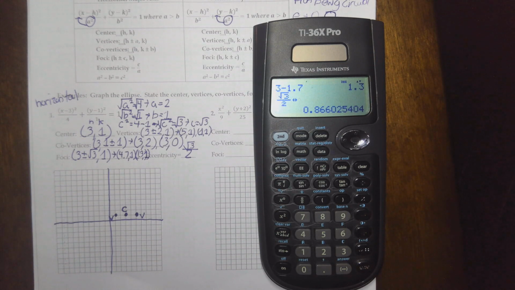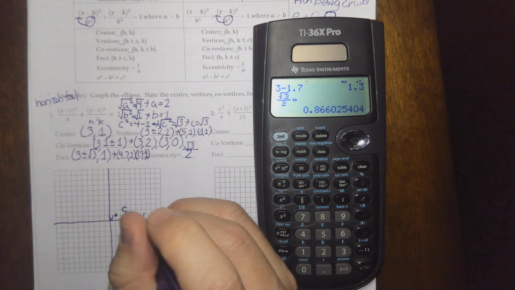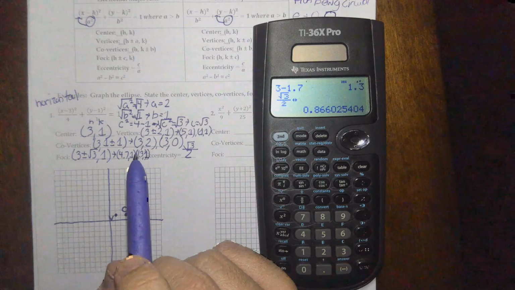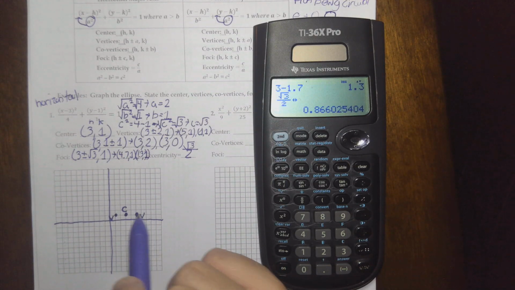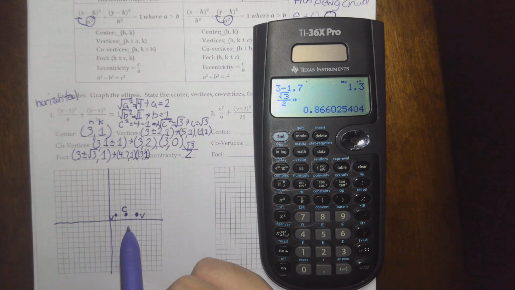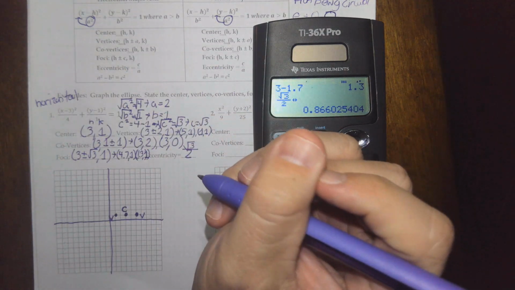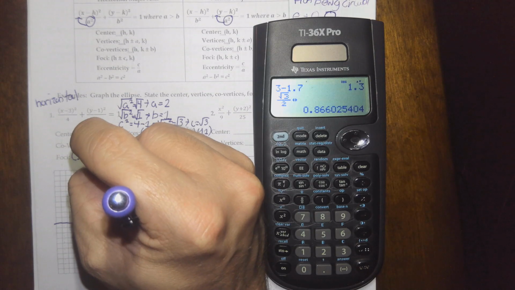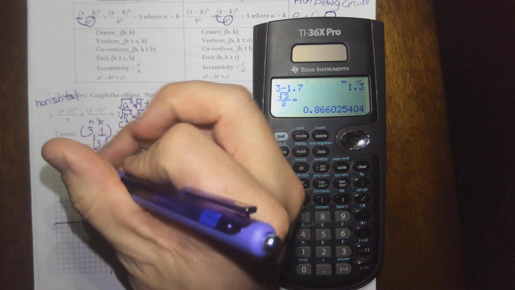Co-vertices, all right? B is smaller than A, so the distance from the center to the co-vertices is not going to be as long as the distance from the center to the vertices. Since our major axis is horizontal this time, our minor axis is vertical, and on our minor axis are our co-vertices. We take our center and go up and down B, because B is the distance from the center to the co-vertices.